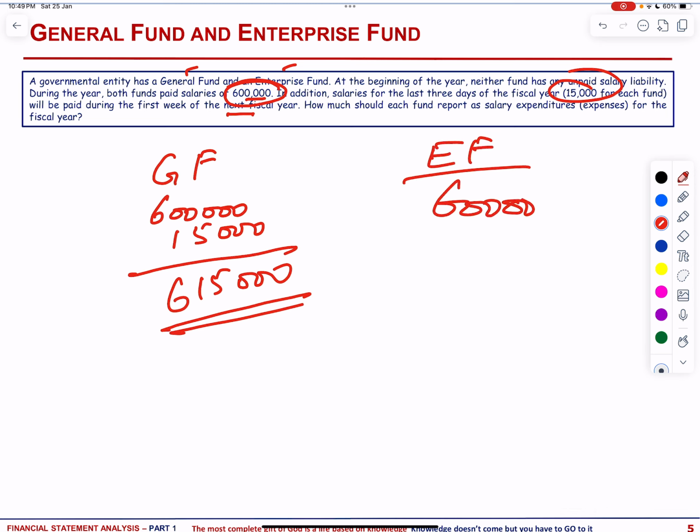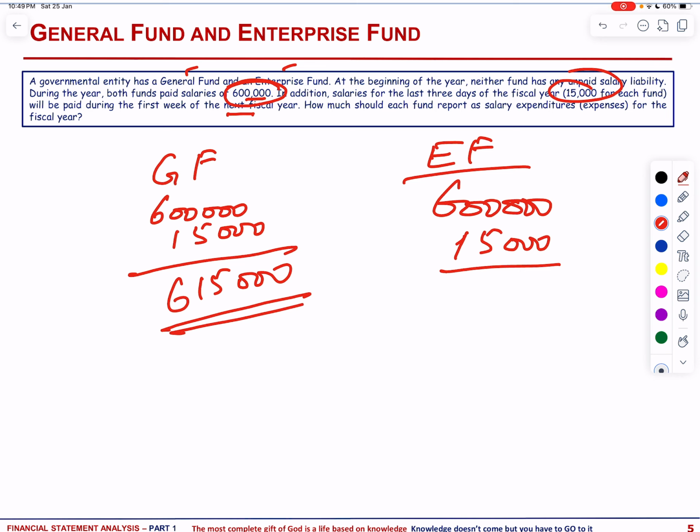Salaries paid are 600,000 and they are recognized as expenses in the current fiscal year. Then the salaries for the last 3 days of the year is 15,000 and they are incurred during the current year, so they should also be recognized as an expense in the current fiscal year, even though they will be paid in the next fiscal year.